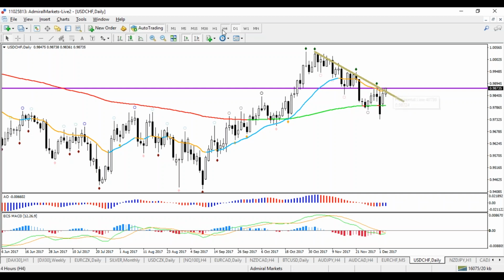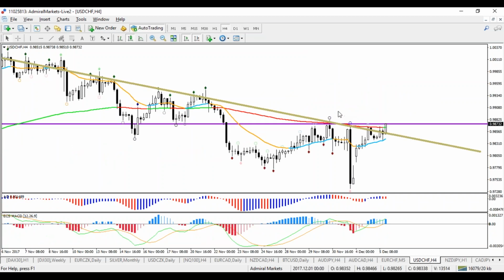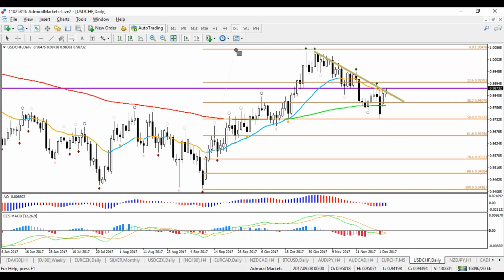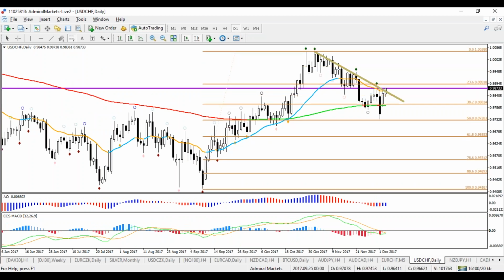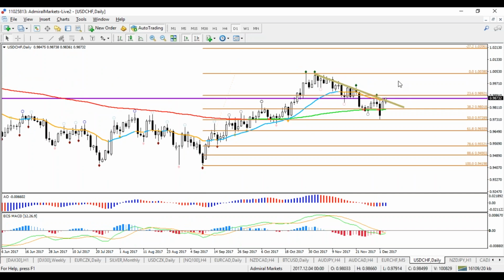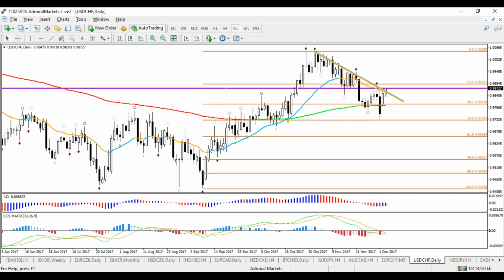So that could be a breakout to the upside. And that could be an interesting space on the dollar. Passing off the 50 fib, the breakout could lead to the minus 272 target. That could be an interesting breakout there.